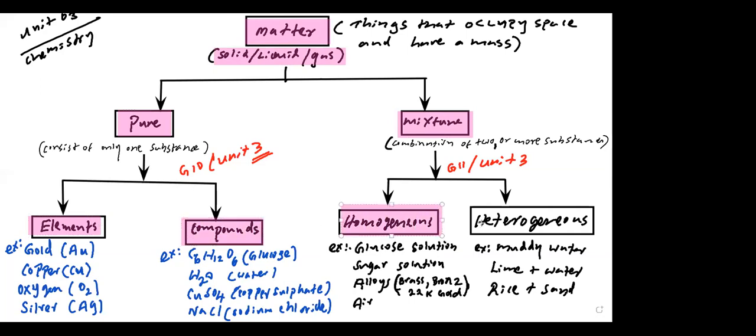If you have a CR book, it's easy to copy down. So this is an introduction to this third lesson. If you want to write just below homogeneous, you can write composition same throughout. Heterogeneous means composition changes from place to place.